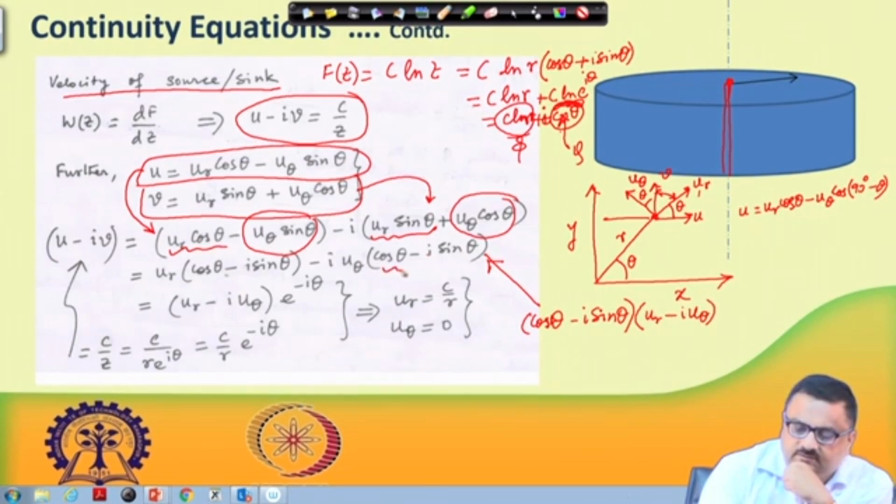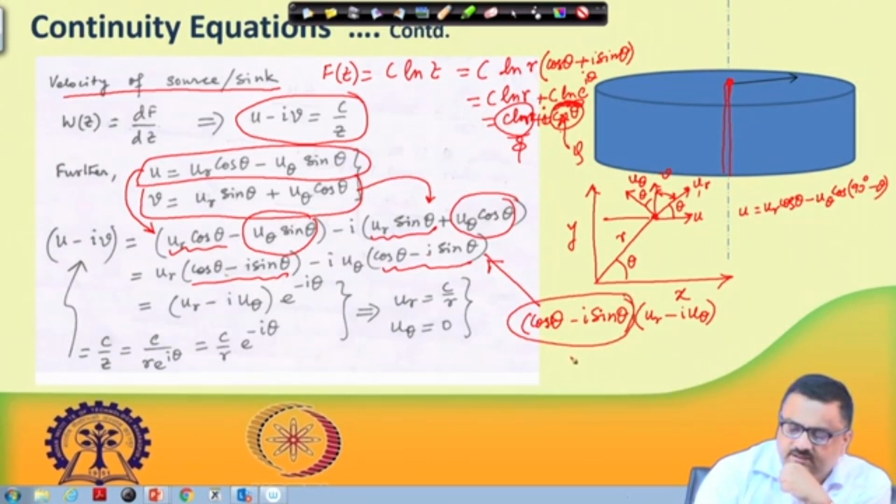If you take this cos theta minus i sin theta common, you are left with u_r minus i u_theta. And then this cos theta minus i sin theta, we have already seen that this can be written as e to the power minus i theta by Euler's theorem. So, that is why you have written e to the power minus i theta multiplied by u_r minus i u_theta. So, this is exactly what is going in there: u_r minus i u_theta into e to the power minus i theta.